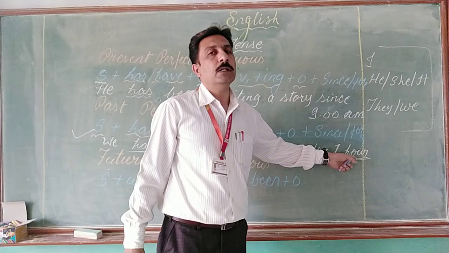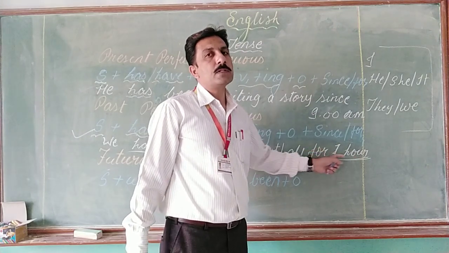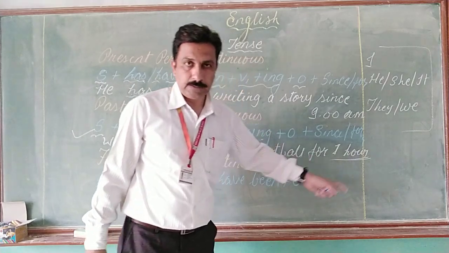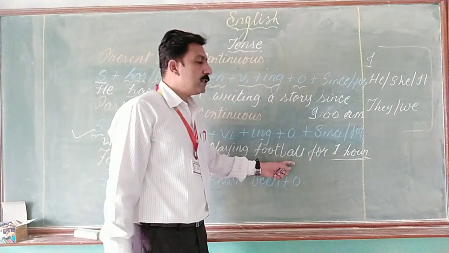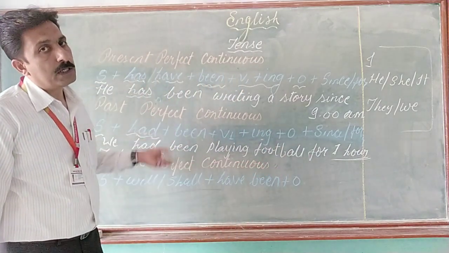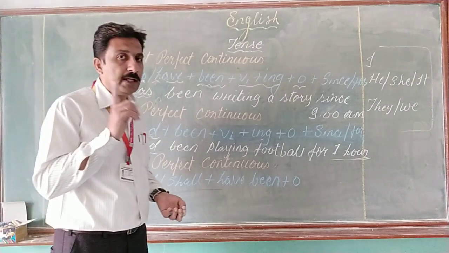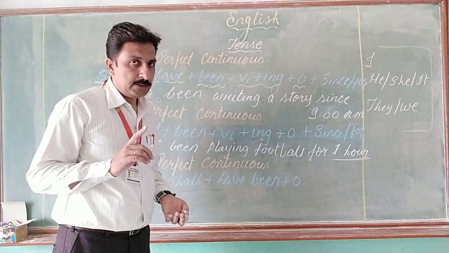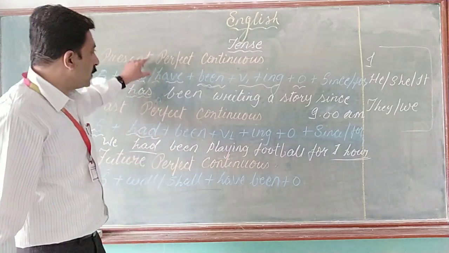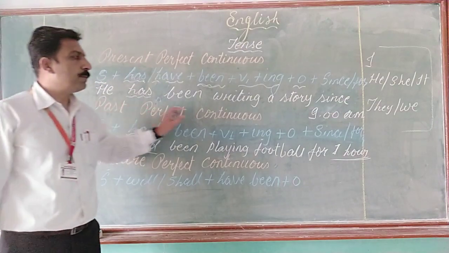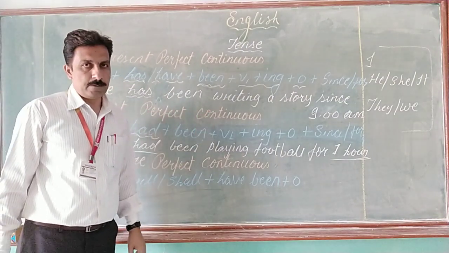Since last 1 hour, since last 1 month, since last 1 year. In this situation, we can use since with duration also, but there must be the word last. Clear? This is all about present perfect continuous and past perfect continuous.